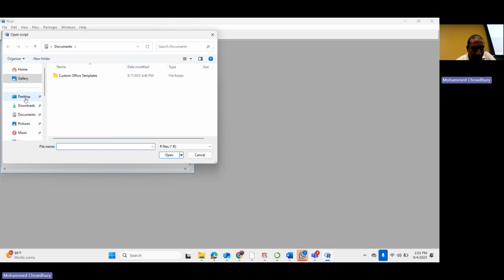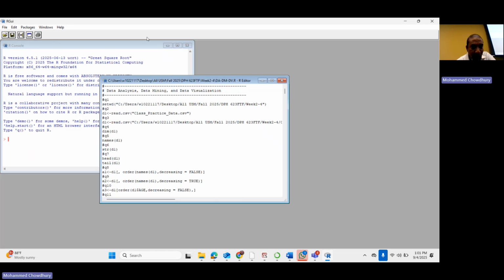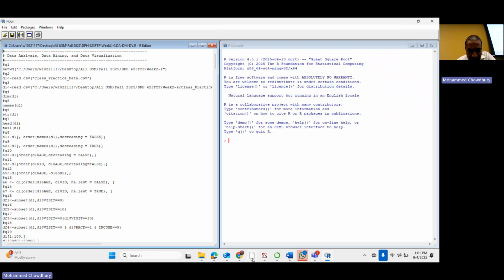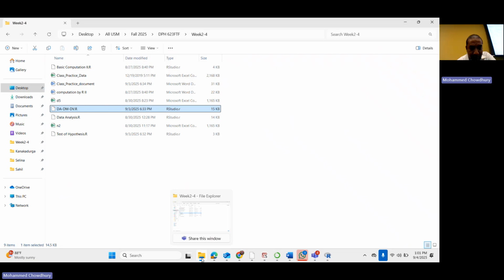In order to open a script that I already uploaded in Canvas, I have to go to week 2 to 4. Today is the third week. So this is my R code. Okay. And then what I will do, Windows style vertically. Let me see my data is in there. Yes, data is in there.